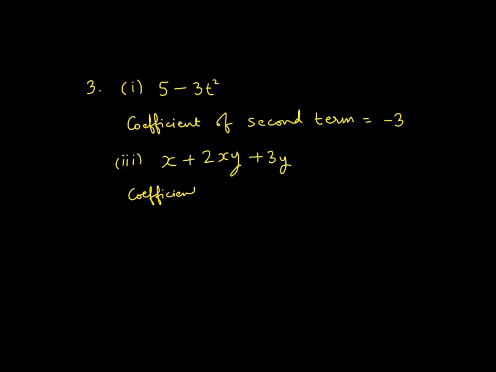Coefficient of first term will be, only x is given, which is 1x, so the coefficient will be written as 1. In the same way, coefficient of the second term is 2 and the coefficient of third term will be 3y, means the third term is 3y, which means the coefficient is 3.